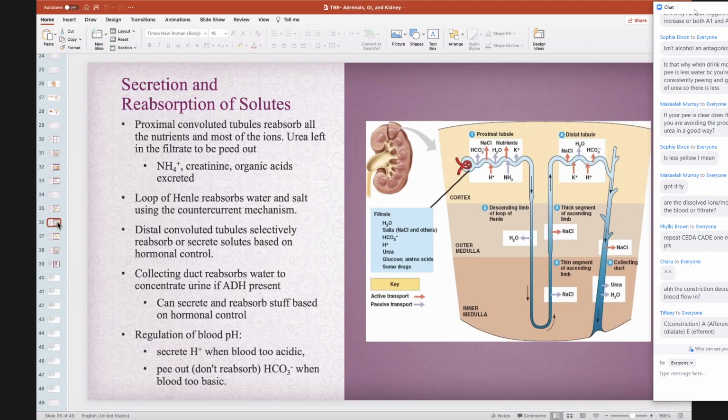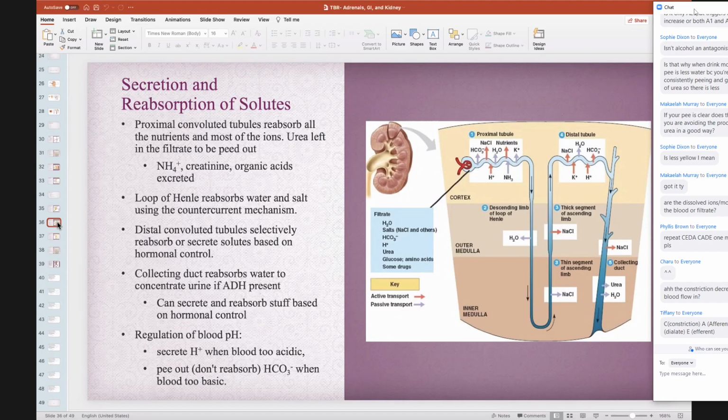If we're in the filtrate, this is again a tube within a tube system. If you're in the kidney itself, in the cortex or the medulla, you're technically in the body. But if you're inside the nephron, inside this tube, you're outside of the body. So for orientation, if you're inside this blue area, inside this nephron, you're technically outside of the body.